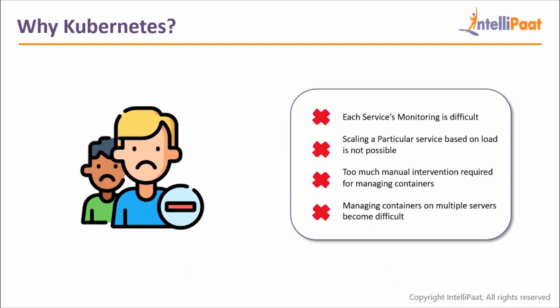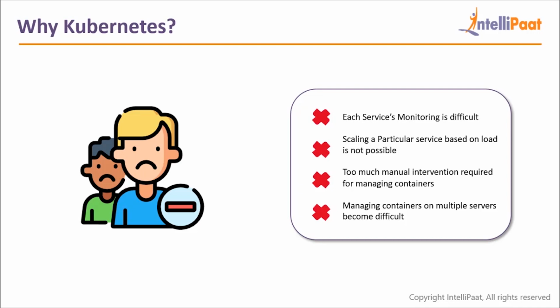So if Kubernetes was not there, what were the problems? Let's discuss that. Each service, that is each instance of a feature which is running, became difficult to monitor, right? Scaling a particular feature based on load was also not possible, the reason being that you could not automatically monitor it.